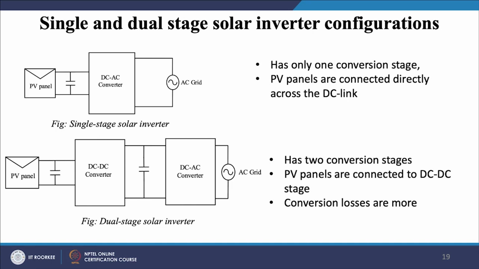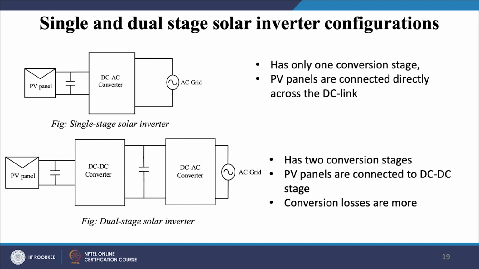In single stage conversion, PV panels are directly connected to the inverter DC bus, as there is only one conversion stage. The device switching and conduction losses are quite less. This results in improved efficiency and reduced cost.